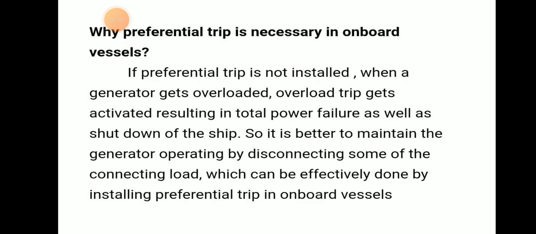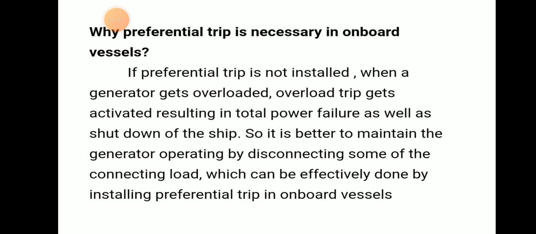Why is preferential trip necessary on board a vessel? If preferential trip is not installed, when a generator gets overloaded, the overload trip will get activated, resulting in total power failure, a shutdown, that means a blackout of the ship will happen. So it is better to keep the generator operating by disconnecting some of the non-essential load, which can be effectively done by installing preferential trip on board.